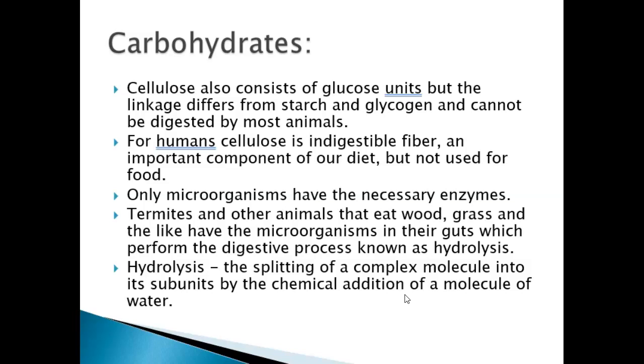We don't have the enzymes for that. So it becomes part of the fiber that we need in our diet. Just certain fungi, algae, protozoans, and bacteria have enzymes that can break up the glycosidic linkages in cellulose and consume it. Most humans and mammals don't.